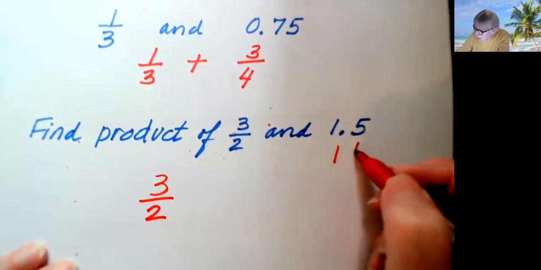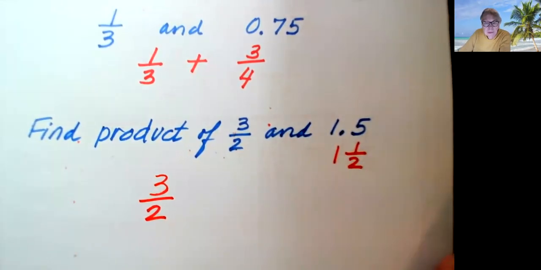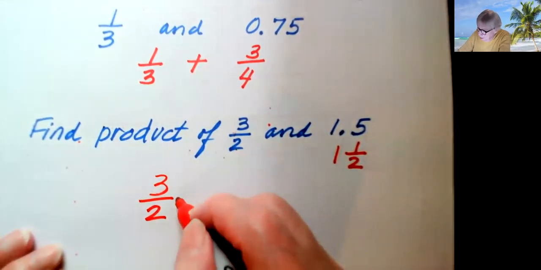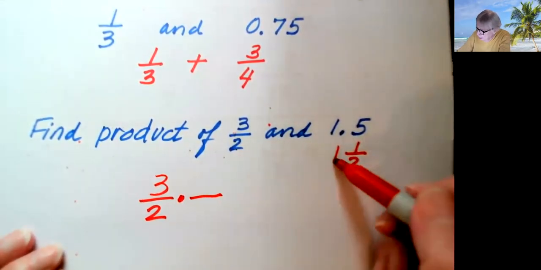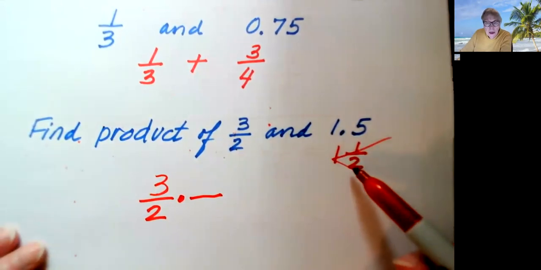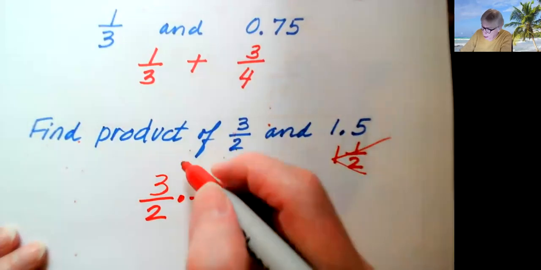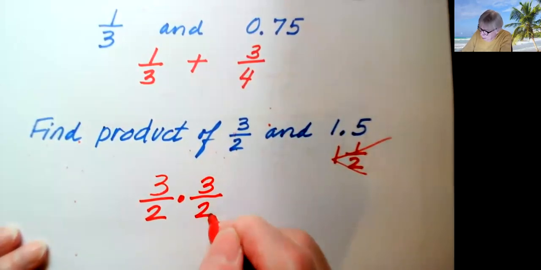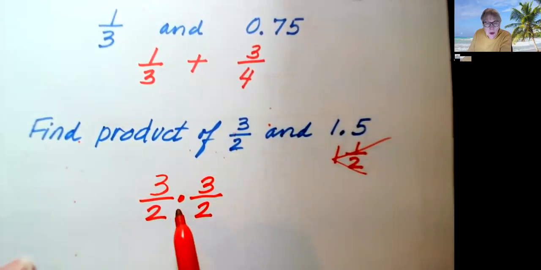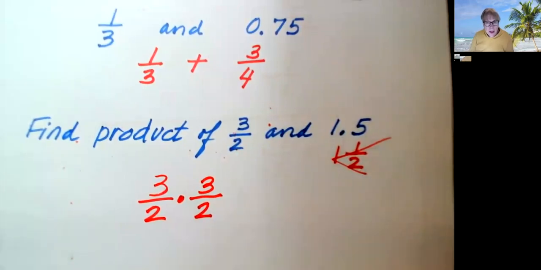This is 1.5, isn't it? And so 1.5, if I'm going to multiply, you basically do this. 2 times 1 is 2, and 1 is 3. So that's 3/2 as well. So it's 3/2 multiplied by 1.5, which is also 3/2.